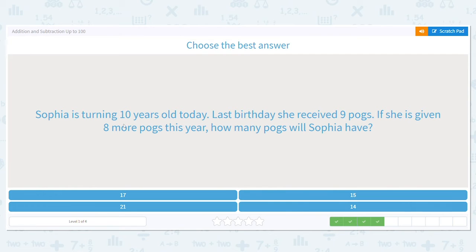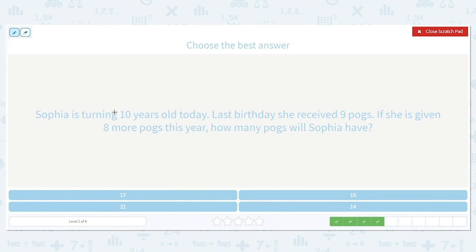Next, Sophia is turning 10 years old today. Last birthday, she received 9 pogs. If she's given 8 more pogs this year, how many pogs will she have? Okay. Does it matter her age? No, that's extra information. They're putting that in there to try to throw you off. You see a number and think, oh, I need to use it.